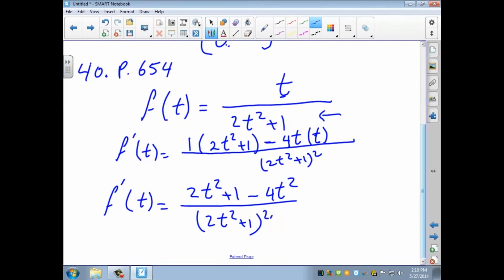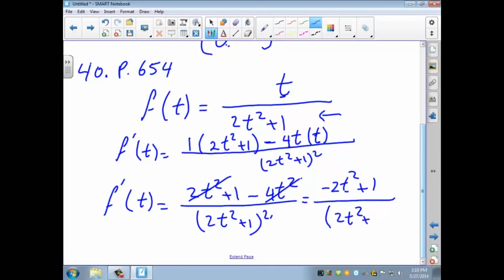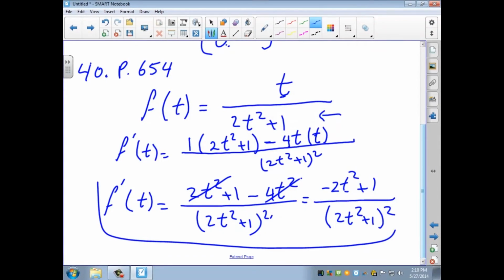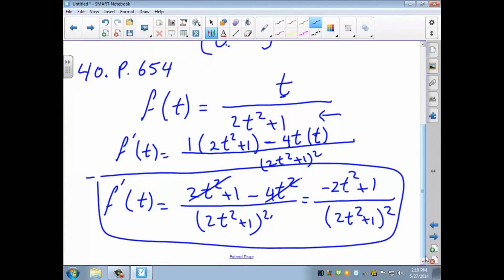Okay, so the numerator, therefore, 2t squared minus 4t squared is minus 2t squared, and plus 1, divided by 2t squared plus 1 squared. That's the answer. Okay.